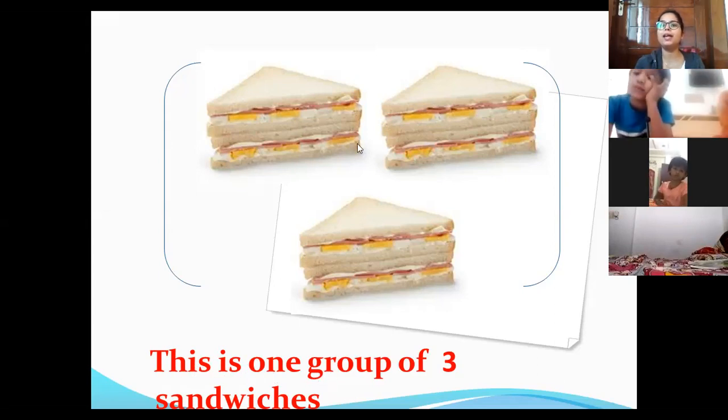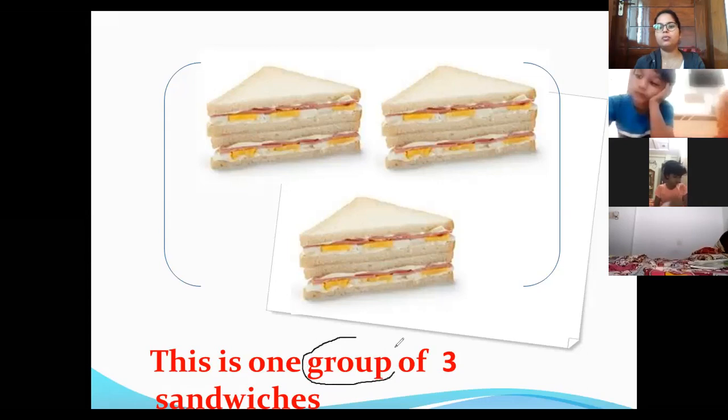Now, what do you mean by group? You all can see this word group is there. Group spelling is G-R-O-U-P. Group. This is one group of three sandwiches. This means that in one group there are three sandwiches.